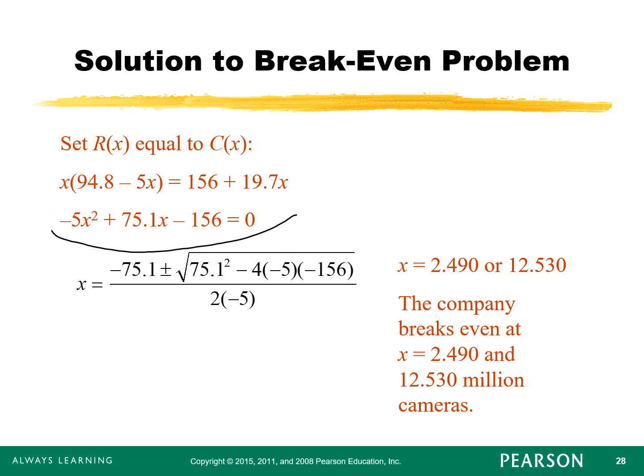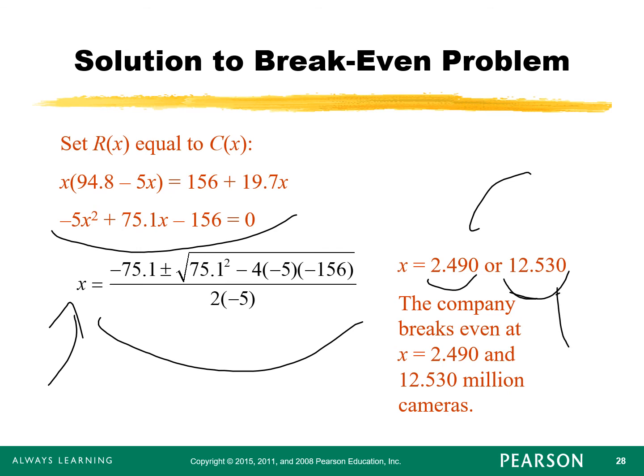And as we did before, we have to calculate the root x with the rule that we said we have to learn by heart. And this is the result that we'll get. And then we can say that the company breaks even at 2.490 and at the same time at 12.330. These are the roots that we found.